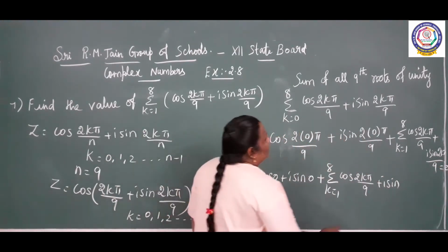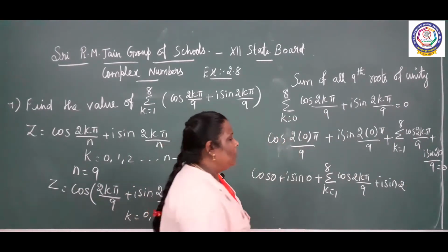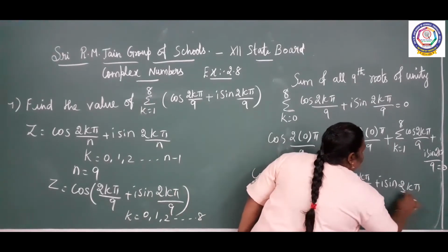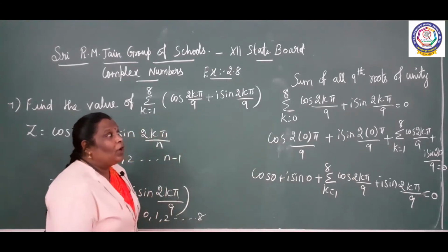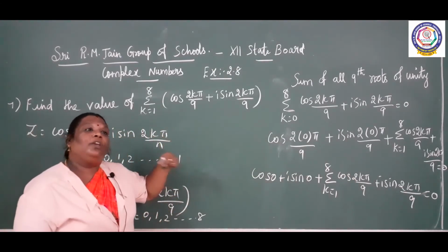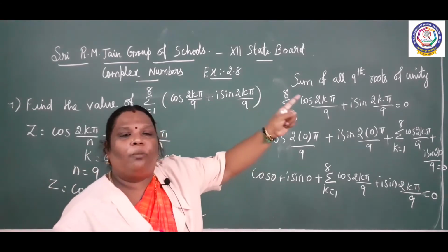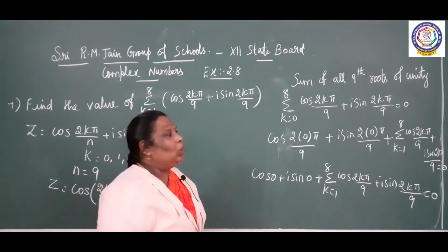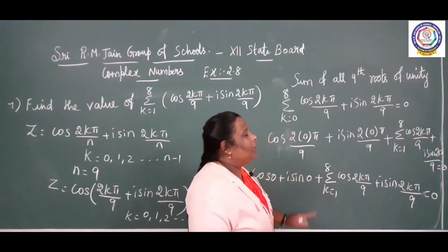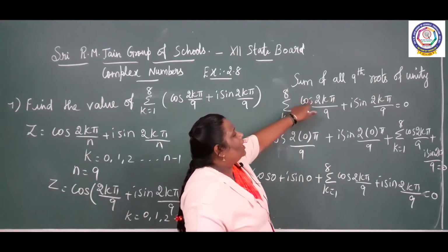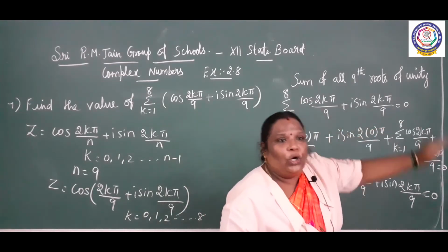The sum of all ninth roots of unity is equal to 0. We already saw previously, 1 plus omega square plus etc. up to omega power n minus 1 equal to 0. So sigma k equal to 0 to 8, the sum of all ninth roots of unity, of cos of 2k pi by 9 plus i sin of 2k pi by 9 is equal to 0.